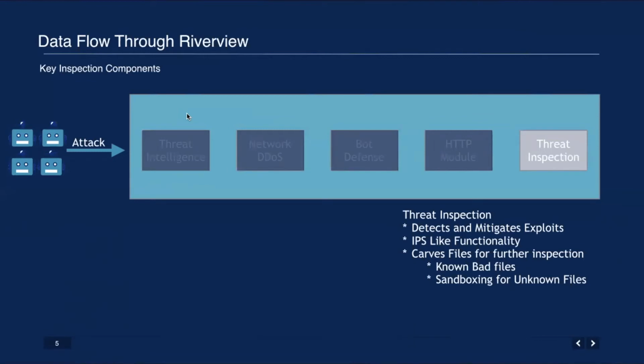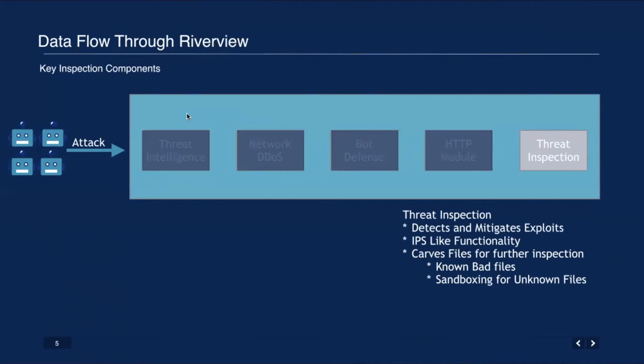In the demos, I'll show you what happens when we launch an Apache Struts vulnerability. I will show you what happens when we try to upload a known bad file, or try to upload some sort of unknown file and let the sandbox do its thing. That's all in the threat inspection module.